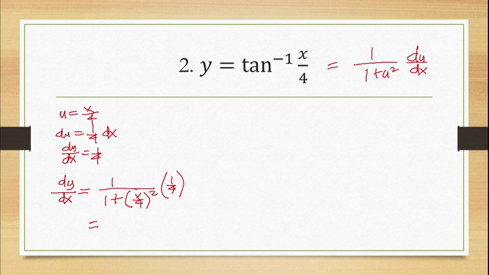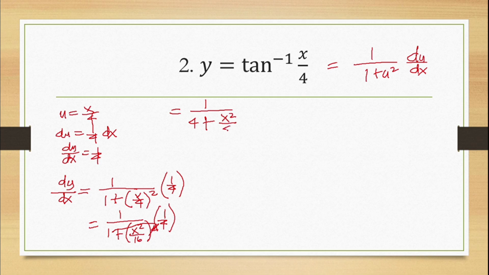So we have here 1 over 1 plus x squared over 16, times 1/4. So you're going to multiply it by 4 here. The result of this part is 1 over, distributing the 4, 4 plus 4x squared over 16.